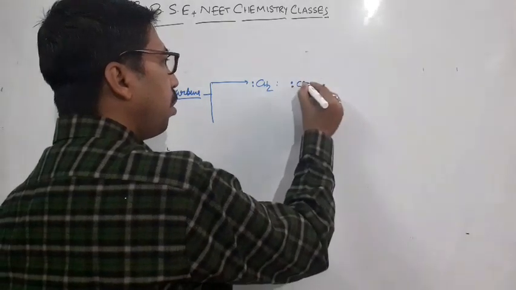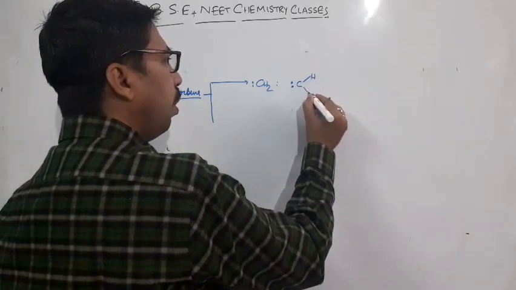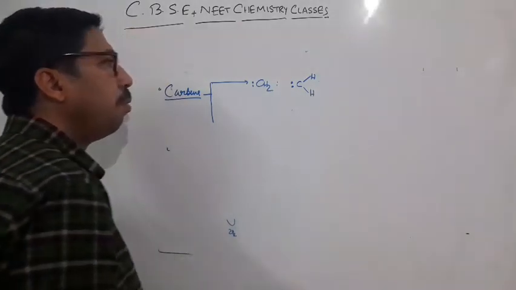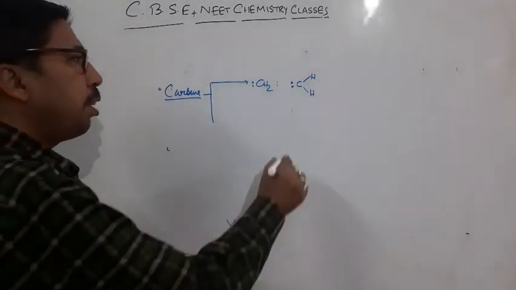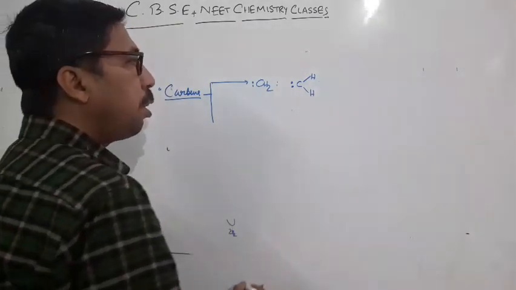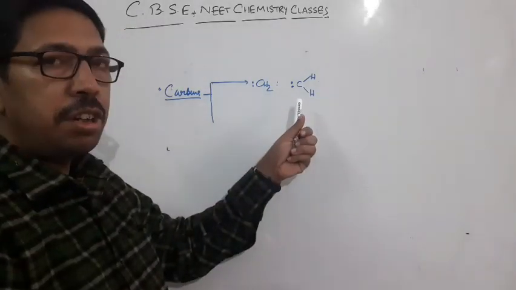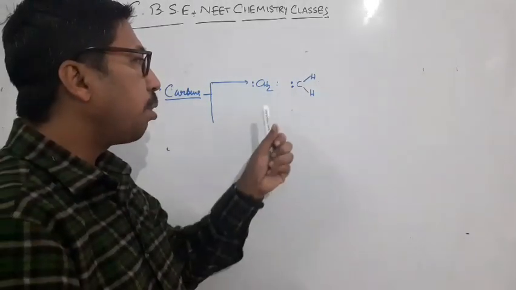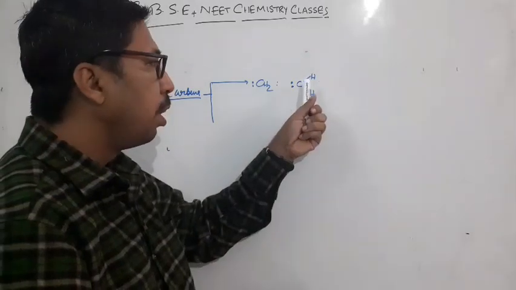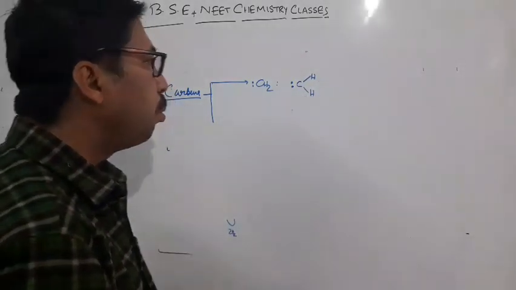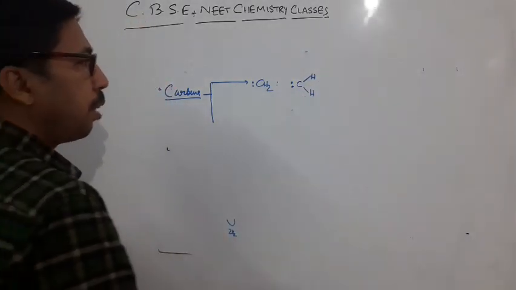This is 2 electron and 2 hydrogen atoms are attached with the carbon. Here you can see that the carbon acquires 6 electron, 1 unshared pair of electron and 2 shared pair of electron.